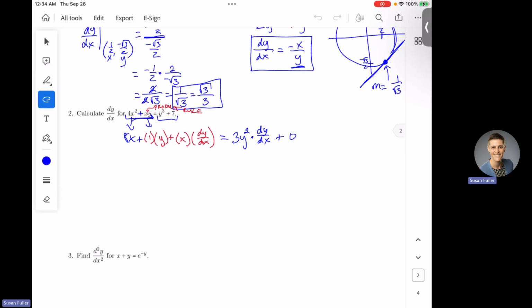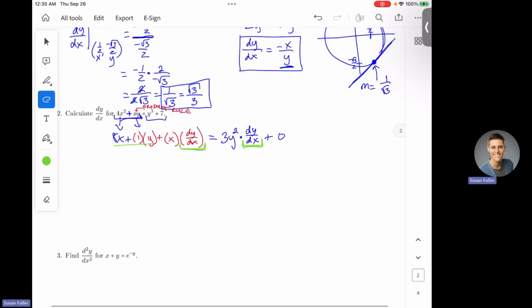Okay, so now we've taken the derivative of everything in our equation here. And so once we take the derivative of everything, we now have to solve for dy dx. And again, I love Leibniz notation because these kind of jump out at you so you can see all of them. And so your goal here is to put anything with a dy dx in it on one side, anything without a dy dx on the other. And I see that I've got a couple things without a dy dx on this side.